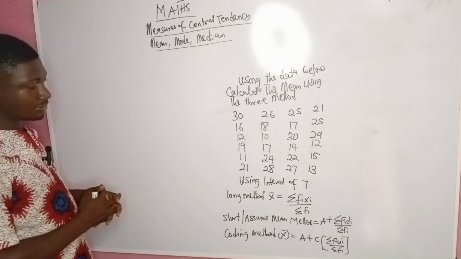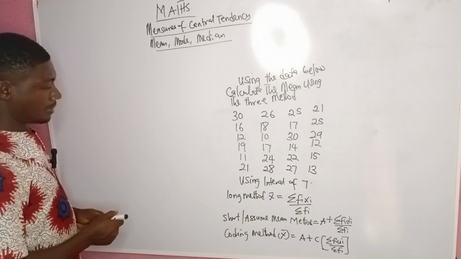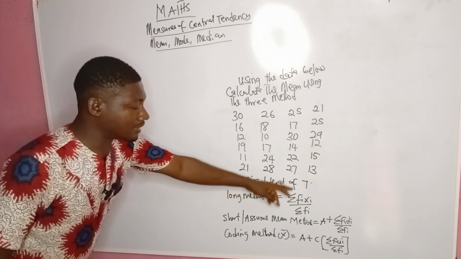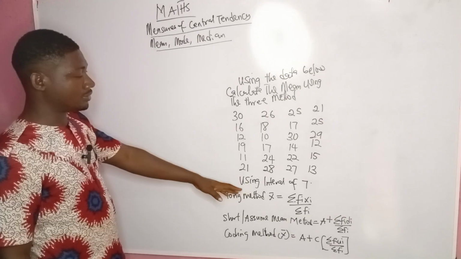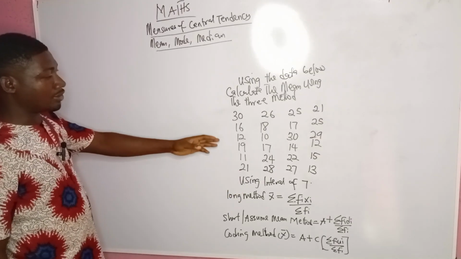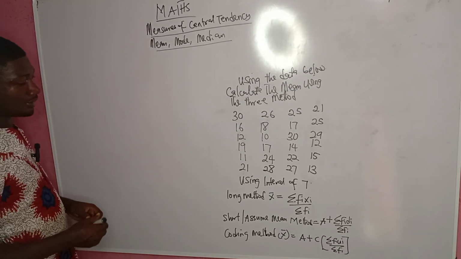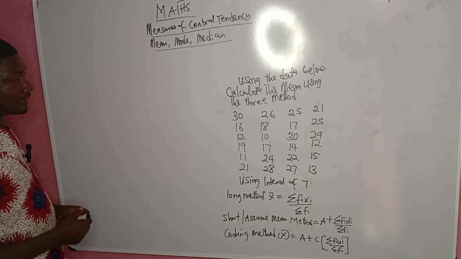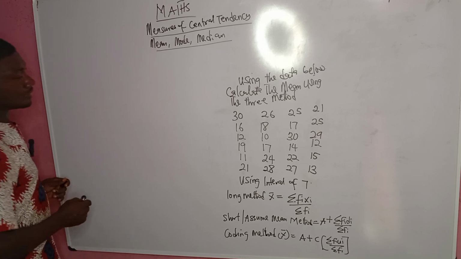They say using an interval of 7. Since the interval has been given to us, we are going to move straight to providing the frequency table.